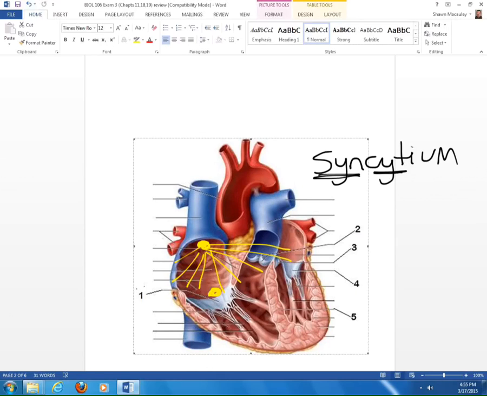The AV node will then send those signals down the bundle branches, down the interventricular septum, goes down toward the apex, comes back up around, and coming up around are the Purkinje fibers. When the ventricles squeeze, the ventricles also act as a syncytium.